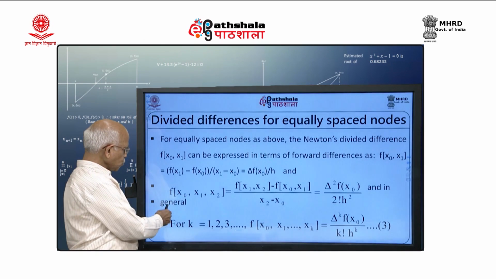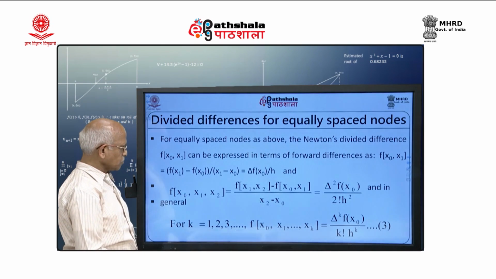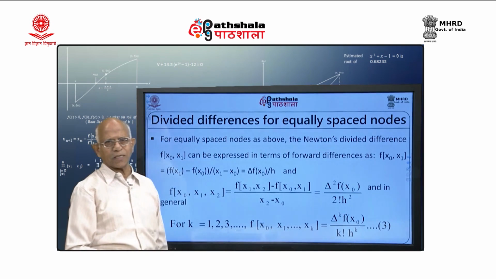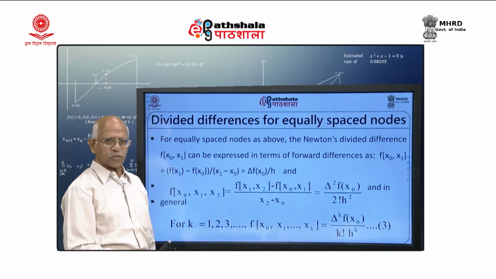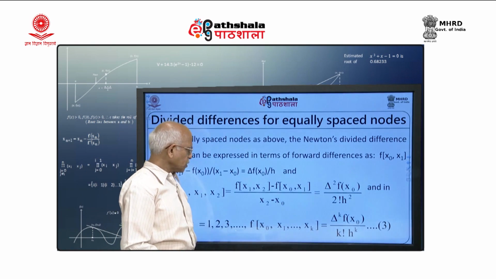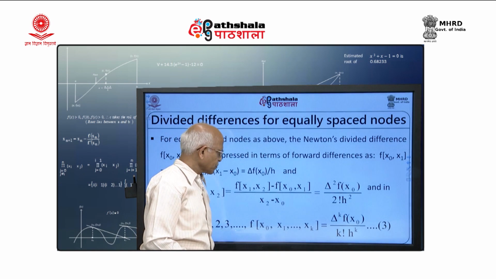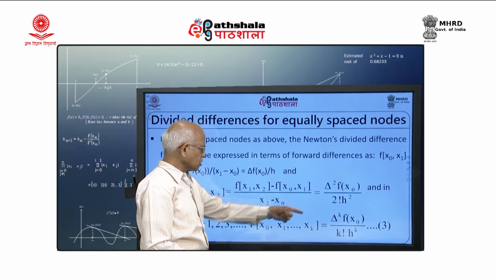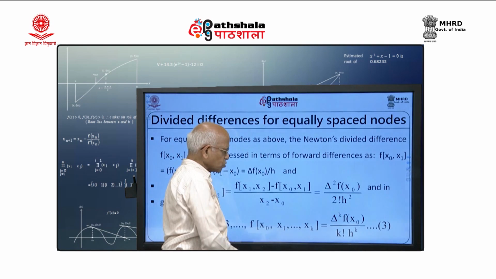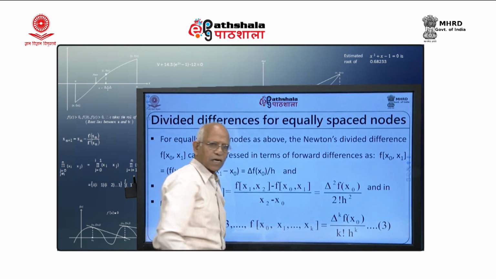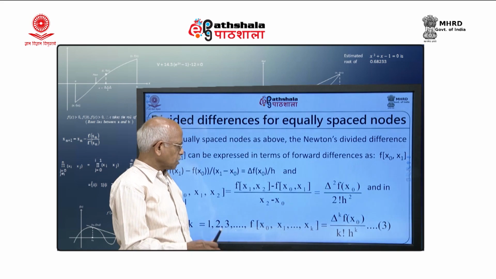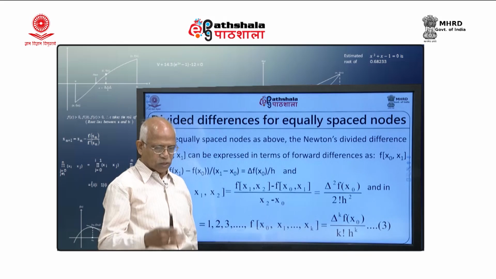And if you continue like this for any arbitrary k, I will get f[x0, x1, ..., xk]. So, first k plus 1 nodes you take, and the divided difference on them will be given by delta^k, that is the kth forward difference at x0, divided by k factorial into h raised to k.